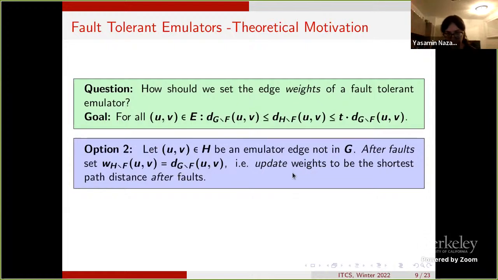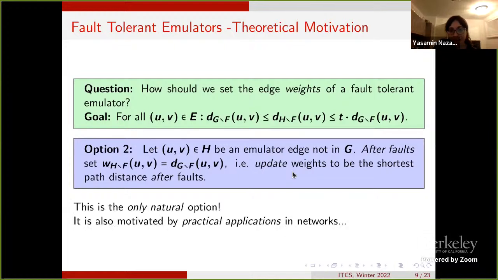And in a sense, we're saying that we are allowing ourselves to update the weights after faults. And if you think about it, this is really the only natural option that allows us to even construct fault-tolerant emulators. But other than this theoretical motivation, I want to argue that this also makes sense in practical applications.